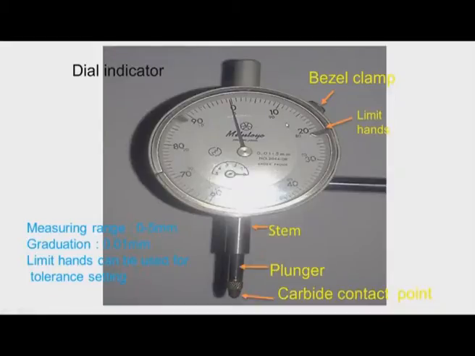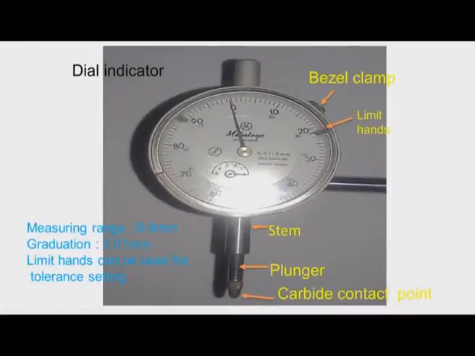The resolution of this dial is 0.01 millimeter, and for each revolution of the big pointer, this small pointer will move by one digit, one graduation. So, the range of this measuring instrument is 0 to 5 millimeter with a resolution of 0.01 millimeter.